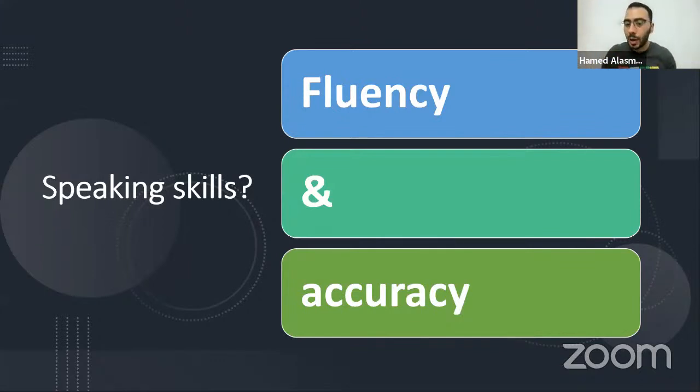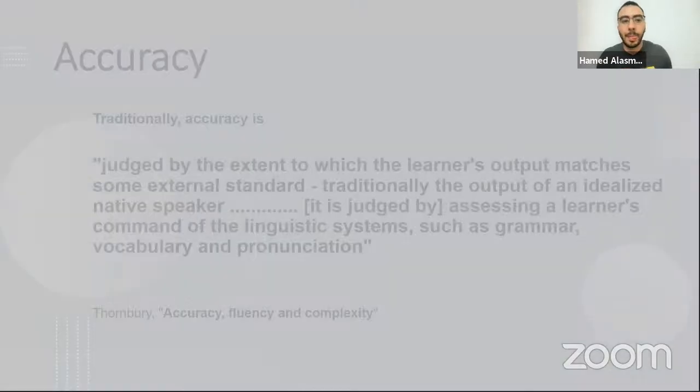Under these skills, we have a lot of sub skills, but this can be for another session. Today, I'm just introducing those two, as at the end of each speaking lesson, we are building the whole lesson to reach one of those, using other sub skills. So let's start first with the first one, accuracy.